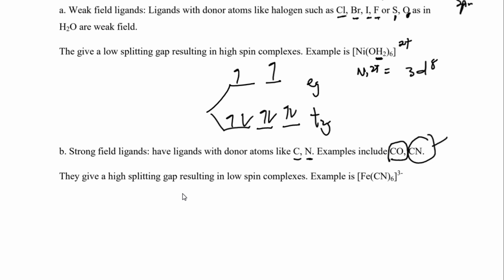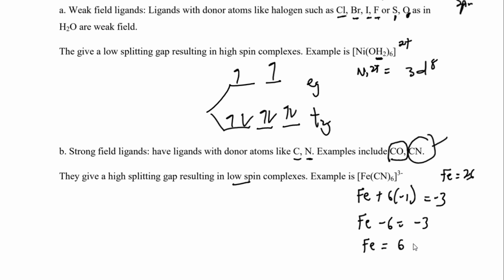They give a high splitting gap, resulting in low spin. In this complex, iron is 26, so let's calculate the oxidation number: x plus 6 times minus 1 equals minus 3, so x equals 6 minus 3, which gives us plus 3.